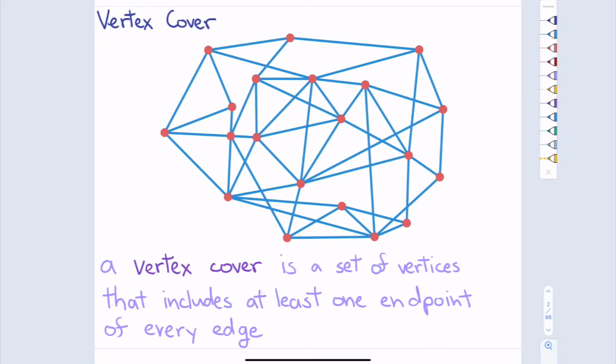Here then is an example of an undirected graph, and I'm going to ask you what's the minimum size vertex cover in this graph. I'll give you guys a minute to stare at it.